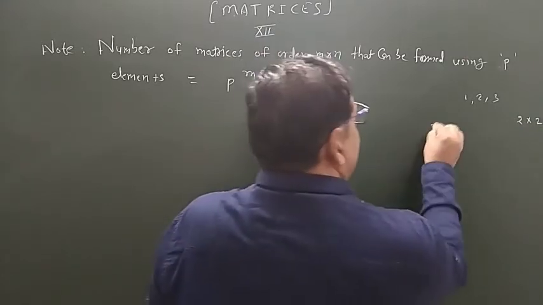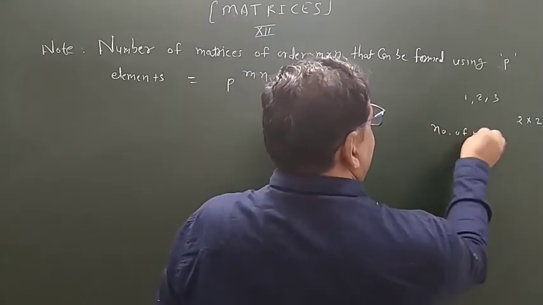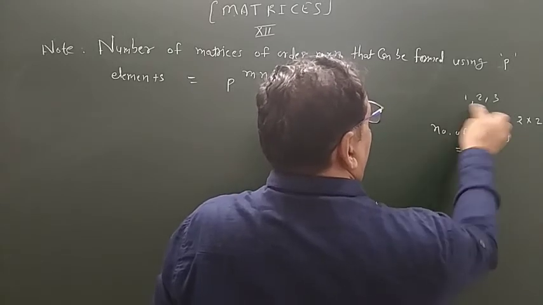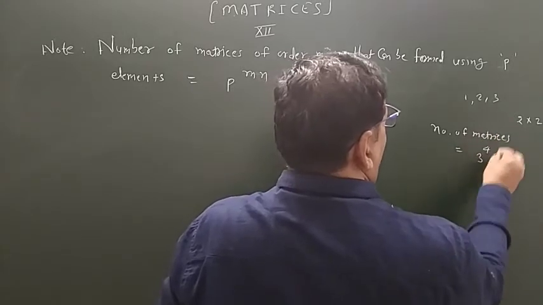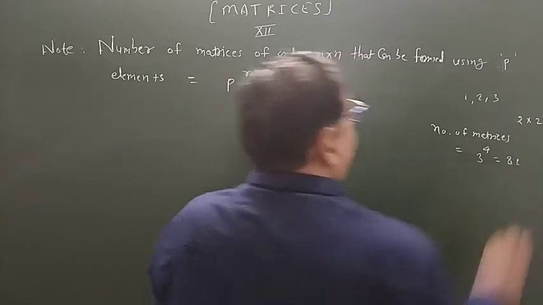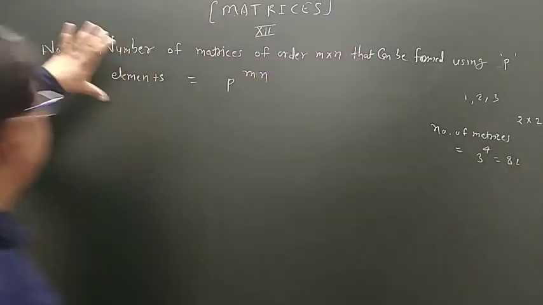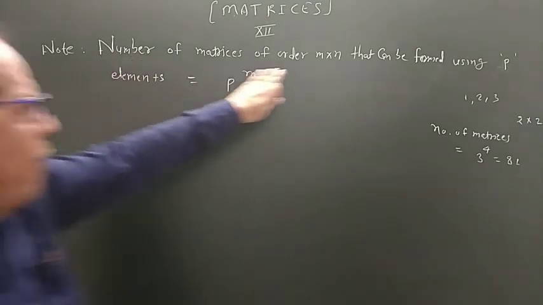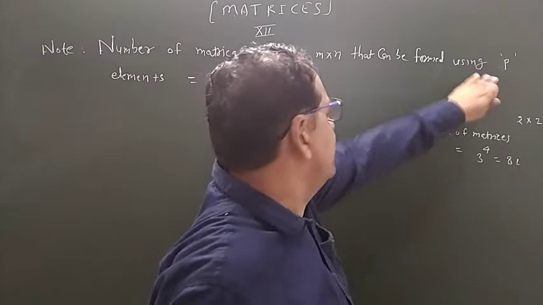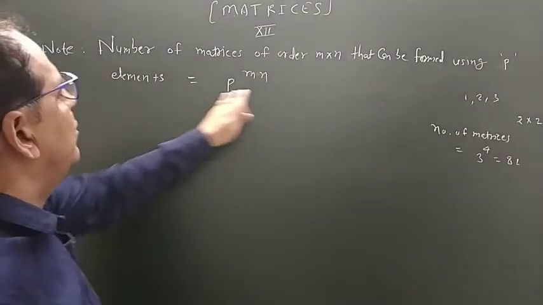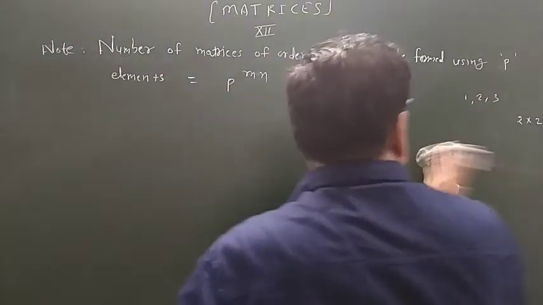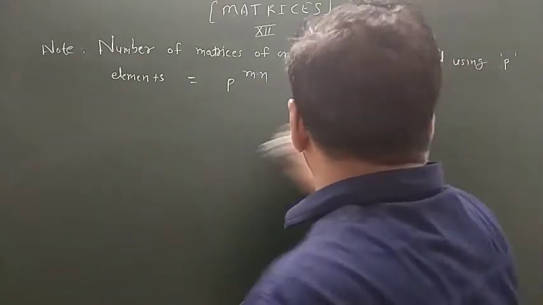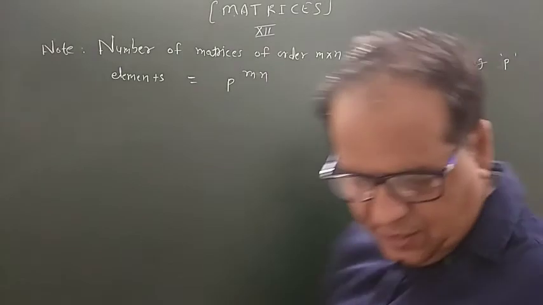The number of matrices is equal to 3 to the power 4, that means 81. So this is the theoretical concept: the number of matrices of order m cross n that can be formed using p elements will be equal to p to the power mn.